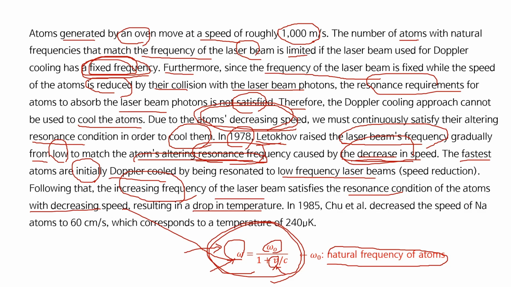In 1975, Chu et al. decreased the speed of natrium atoms to 60 centimeters per second, which corresponds to a temperature of 290 microkelvin.